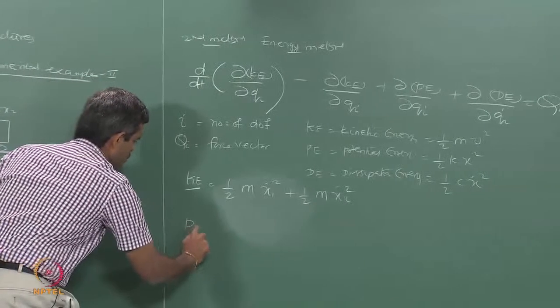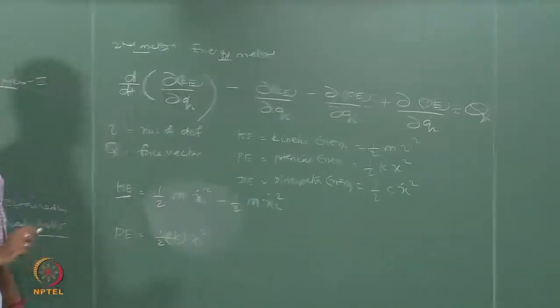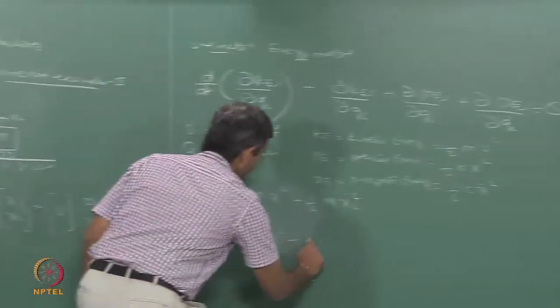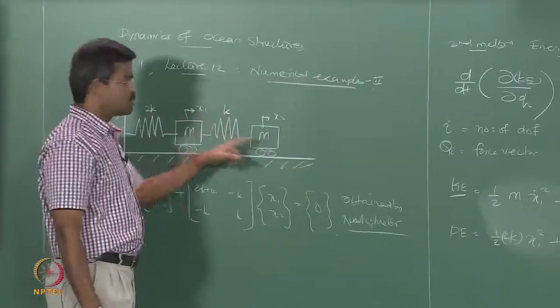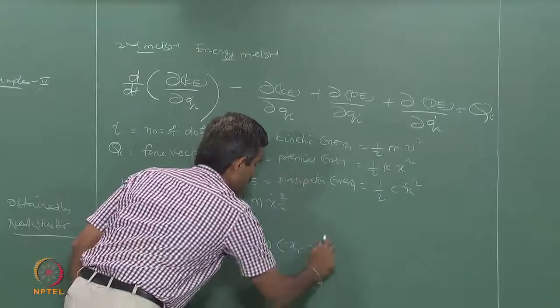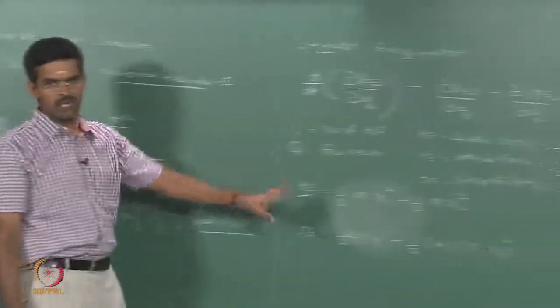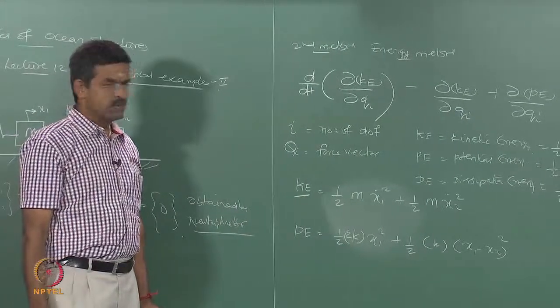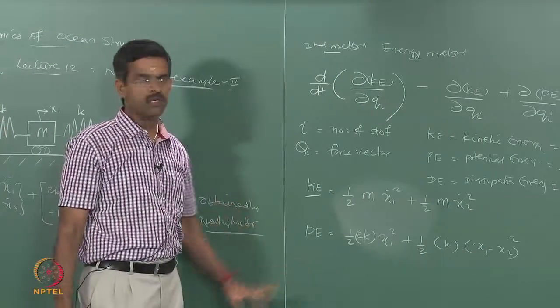Now, potential energy: half 2k, that is this spring connecting only x1, so x1 square, plus half k, that is this spring connecting these two. Now, as the same norm follows, we can say x1 minus x2 the whole square, or even if you write x2 minus x1, since you are squaring it does not matter. Okay. Now, dissipation energy is not there because C is not present in this case. I do not have to write the equation for DE.